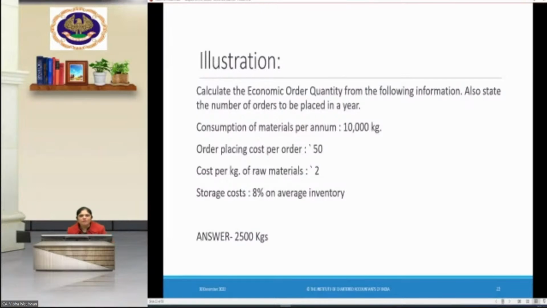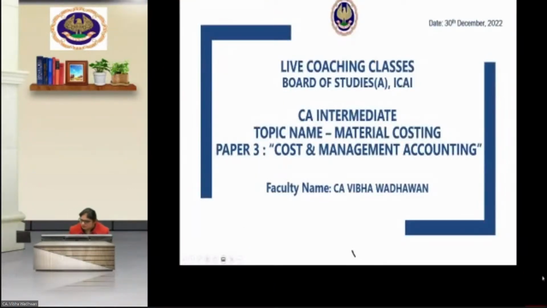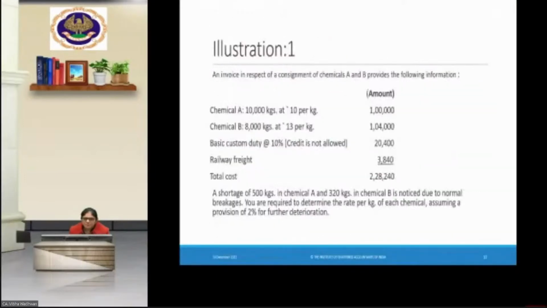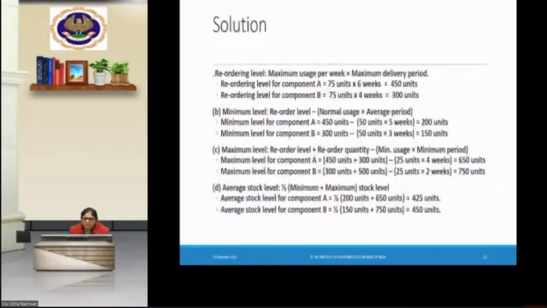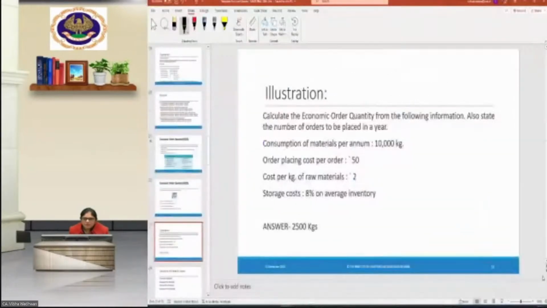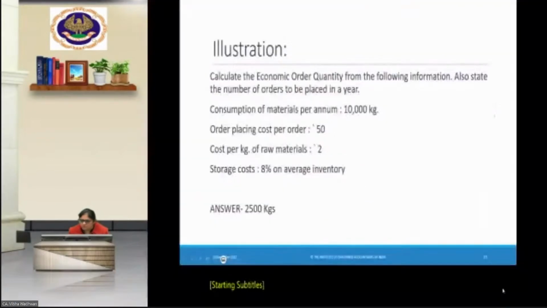You can quickly find the EOQ. Calculate EOQ.